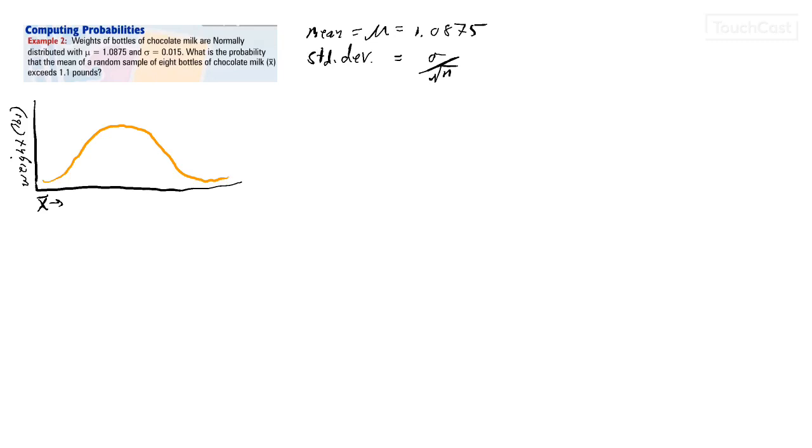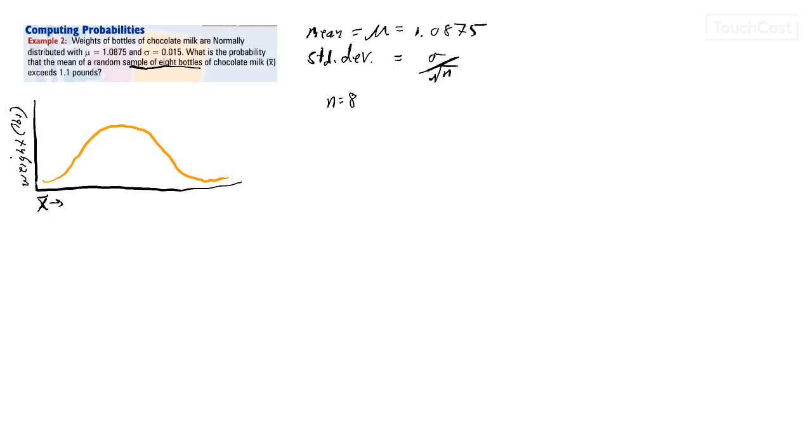We know that the sample size is n equals 8 because we pulled 8 bottles from the pack. So now we can plug some numbers in, and we can figure out all the things we need to know in order to determine whether the mean of this random sample will exceed 1.1 pounds.